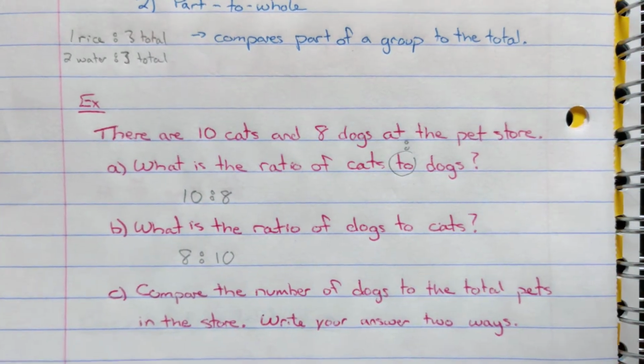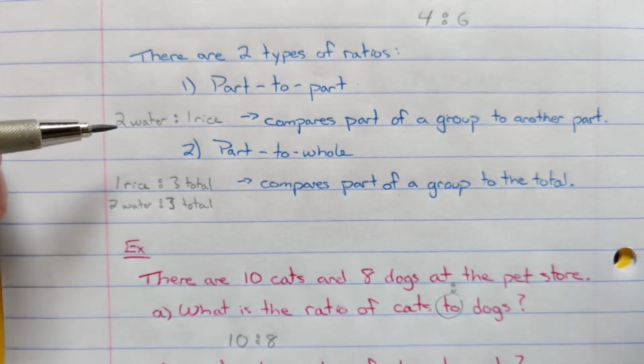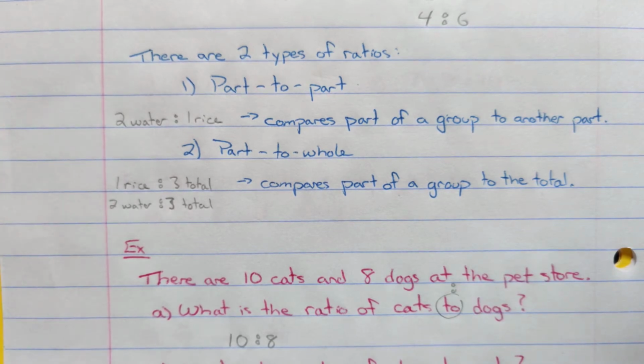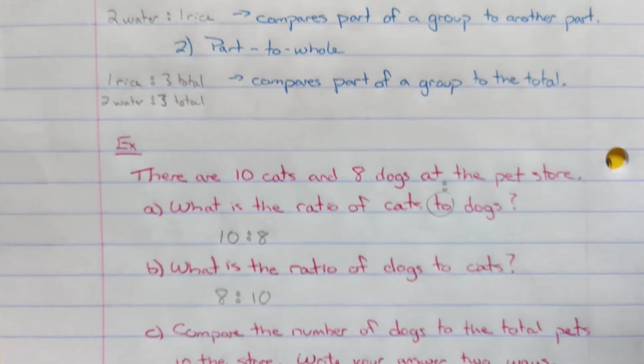Just like our rice, if we were to take our rice mixture and say the mixture of water to rice is 1 to 2 because there's 1 part rice and 2 parts water, that would put too much rice and too little water in. So you have to be careful in the order that things are stated.